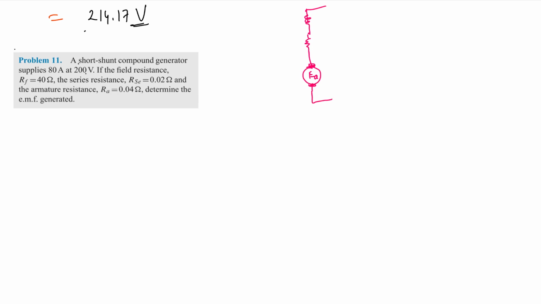Since this is short shunt, the shunt will be just across the armature, so the armature resistance will also be inside. This is the field resistance RF and this is RSE. And this is our terminal voltage V.